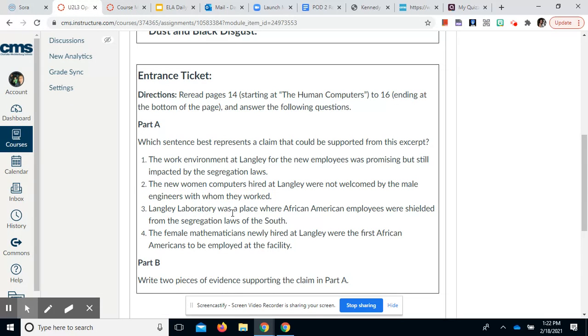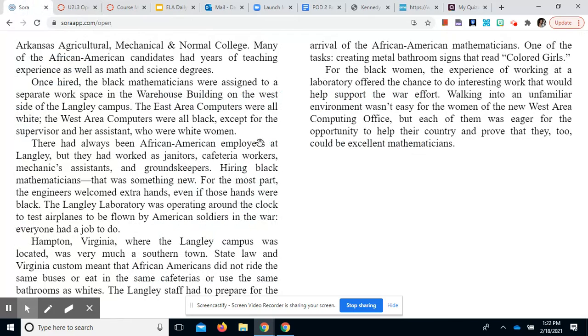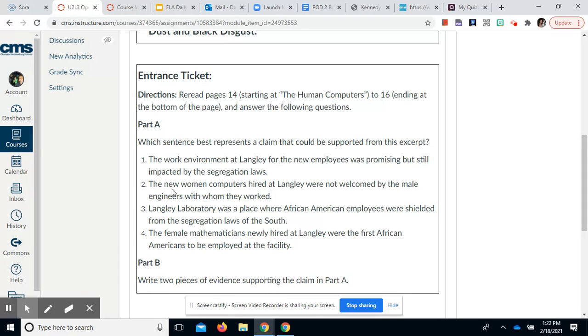Number 3 says that the Langley lab was a place where employees were shielded from segregation laws. When we find out that the women had to work in the west area versus the east area where the white employees were, and that they had separate bathrooms, we know that that one is not true. So we've eliminated 2 and 3.